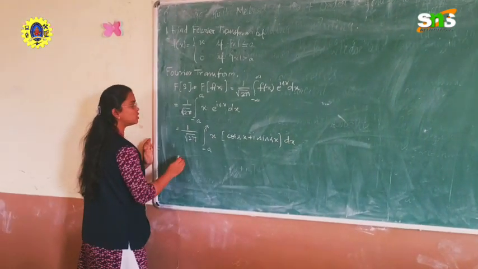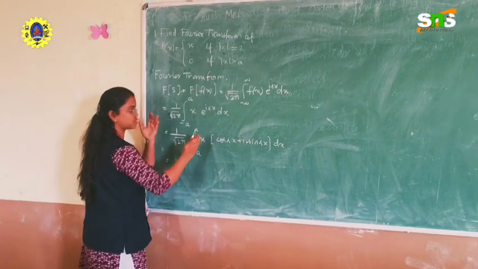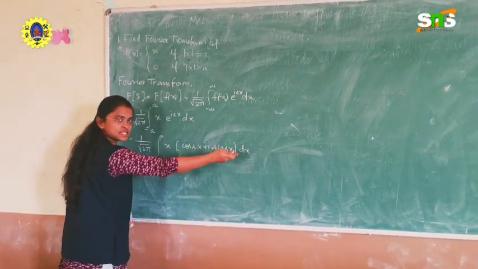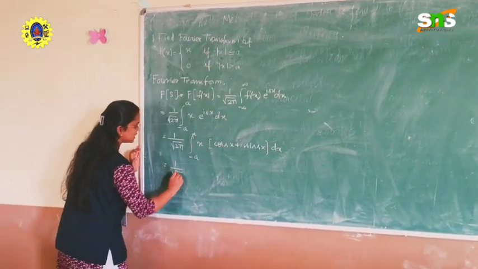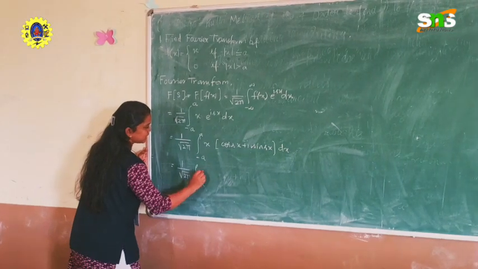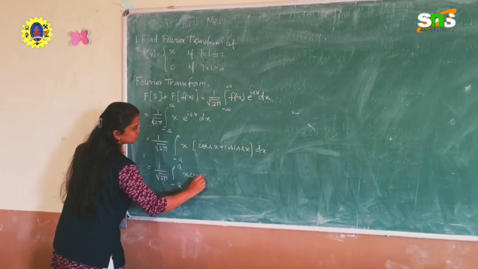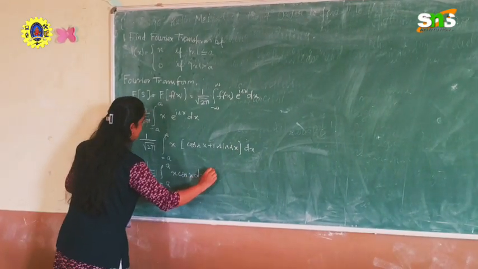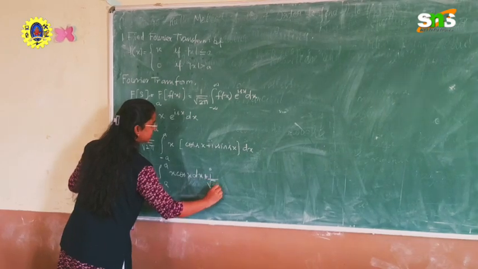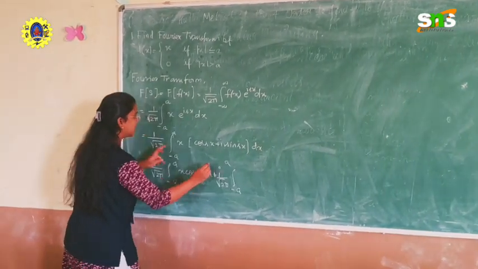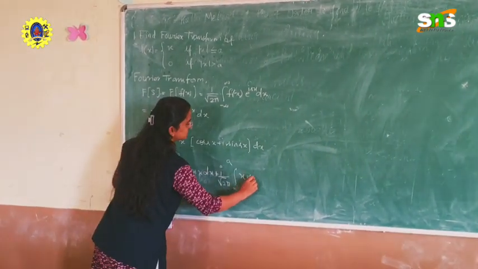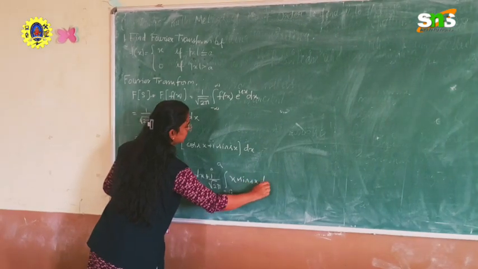Now I'm going to multiply all the portion with cos sx plus i sin sx. So 1 divided by root 2 pi, integral minus a to a x cos sx dx, plus i divided by root 2 pi, integral minus a to a x sin sx dx.